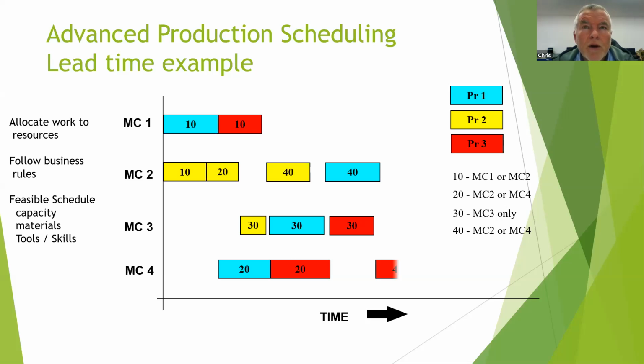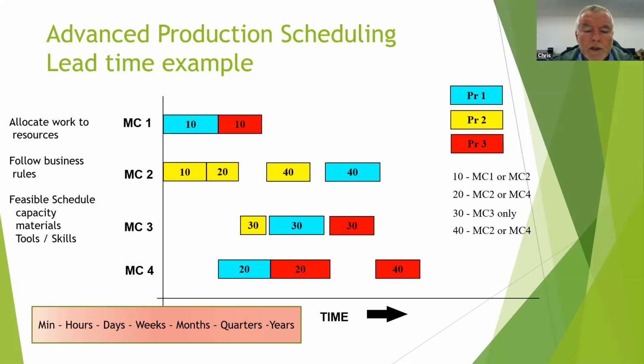And if I look at the red order in the top on machine 1, I couldn't get it onto production because it is occupied by either a blue order or a yellow order, and therefore the delivery date was impacted by the use of capacity. So that's a lead time example across machines as opposed to one simple machine. And this example ignores material and tools; it's only taking capacity.